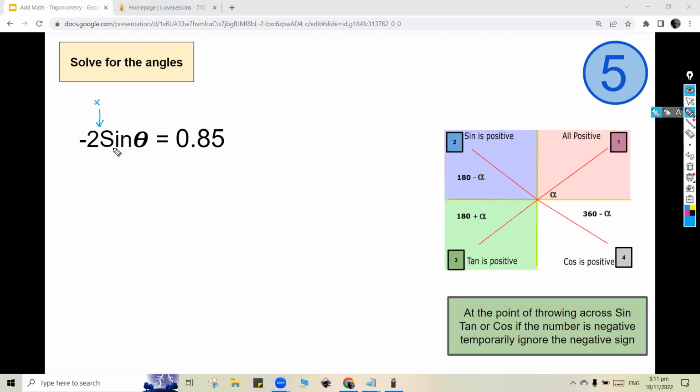So let me show you a common mistake. A lot of people will look for the equal sign, and they will look for the value after. And of course, the majority of people over here will see positive 0.85. So you know what people will do? They will automatically assume that this is a positive type of question involving who? Sine. So let me just assume that we made that mistake.